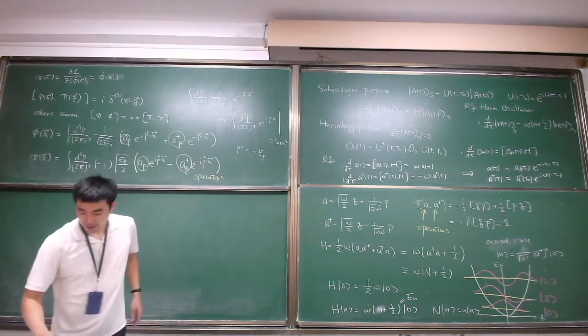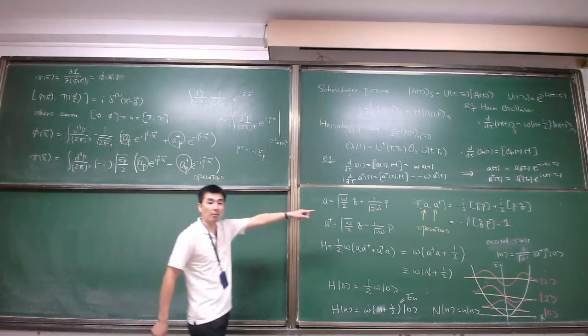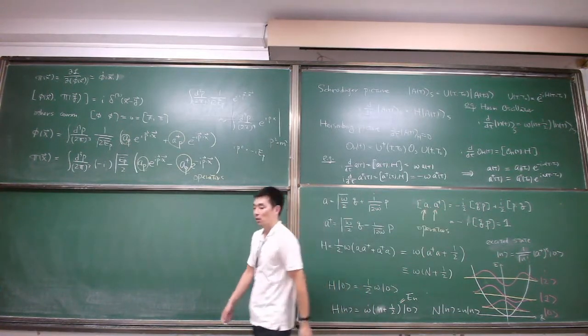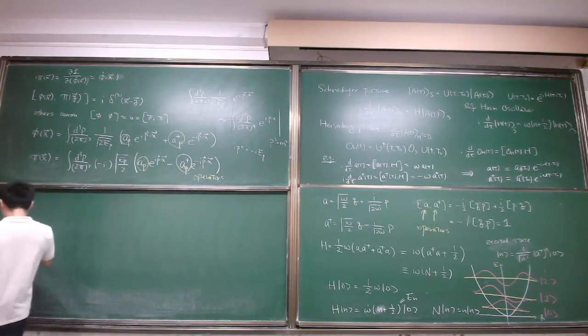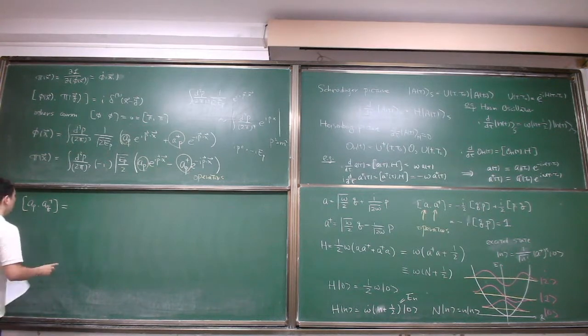So we would like to know the commutation relation, as we saw in the harmonic oscillator. What is the commutation relation of a_p and a dagger? We need a_p and a_q dagger.